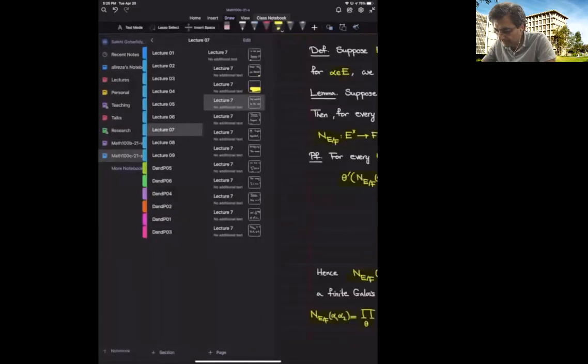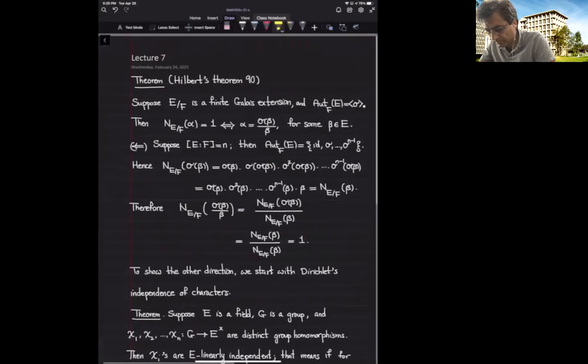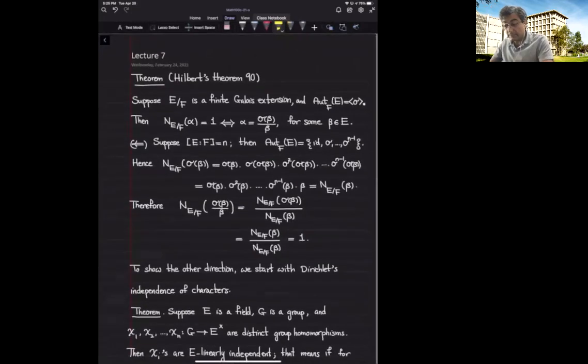Hilbert's theorem 90 describes the kernel of the norm function when the field extension is a cyclic Galois extension.